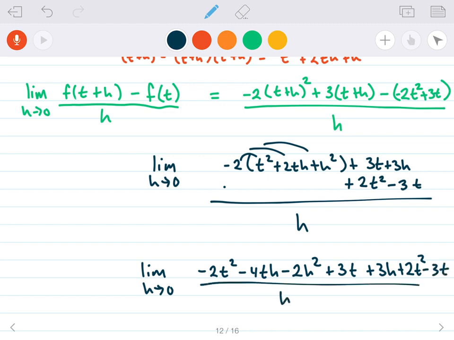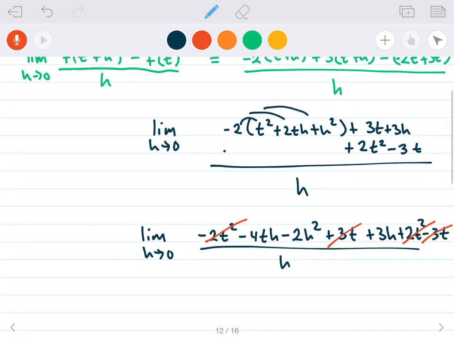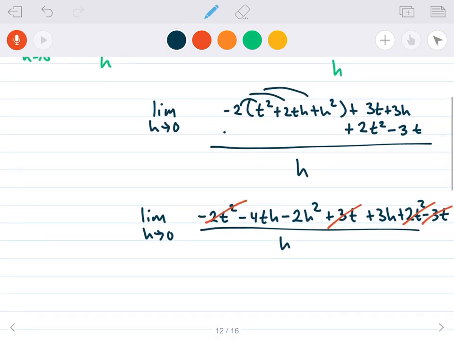All right, and then I'm going to be able to cancel out some things. Let's see. So these guys I can cancel. These guys can cancel. And that's about it. So now I'm going to factor out an h. Okay.